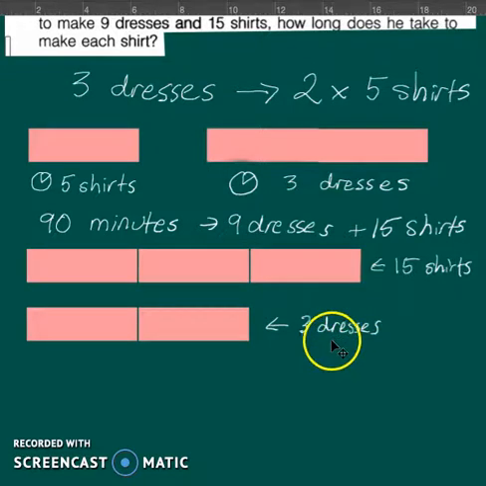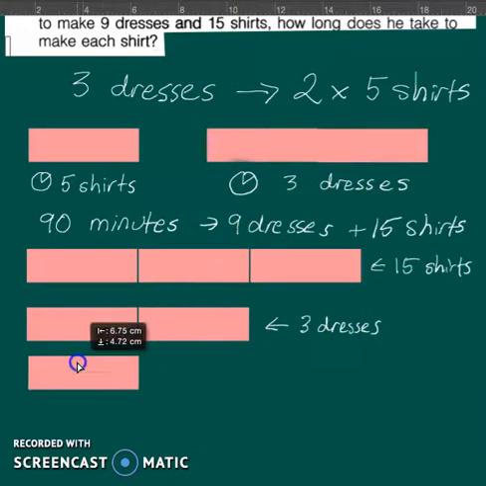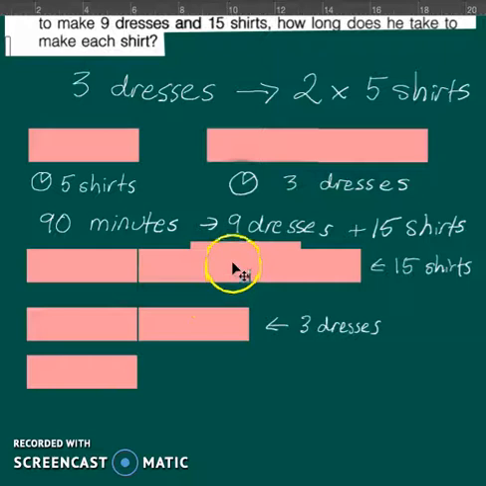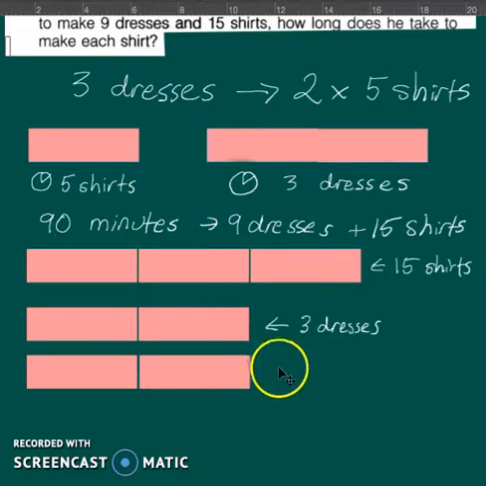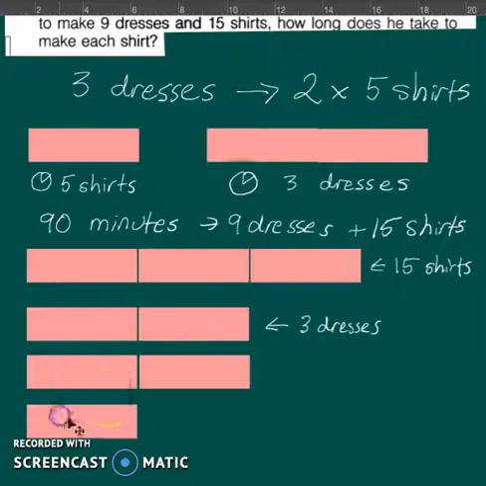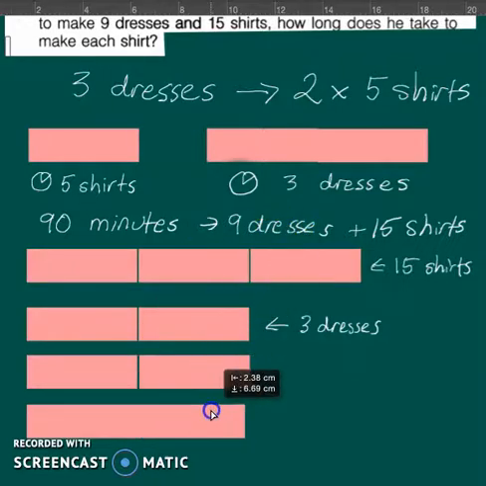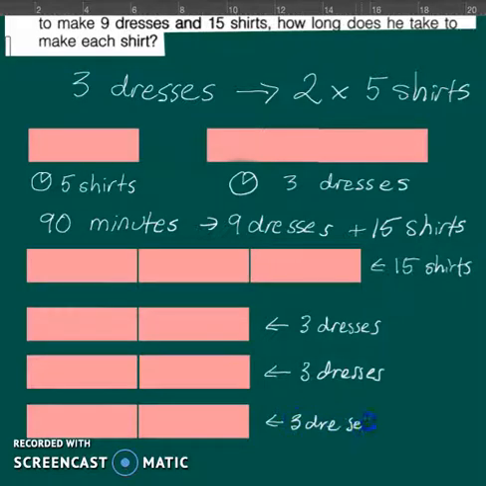But we need 9 dresses, so let's keep going. So here is 3 more dresses, and we still need 3 more. So, okay, now we're getting somewhere. So this is 3 dresses, and this is 3 dresses. So altogether, these 6 bars represent 9 dresses.